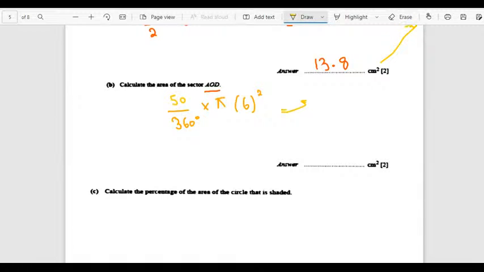Okay, can anyone tell me what exactly is the answer? 15.7. 36 into 5 pi divided by 360. This is pi by 2. Okay. What is the answer?